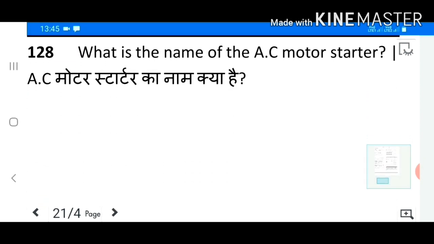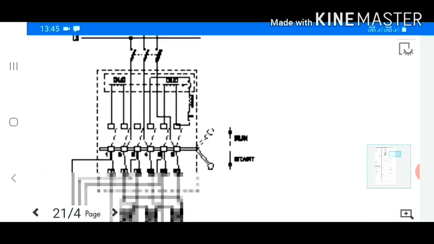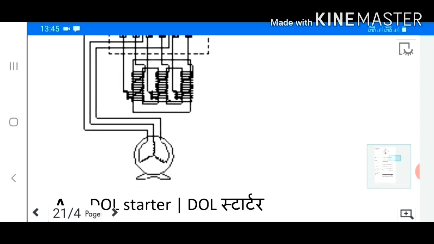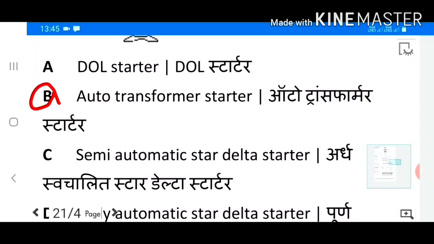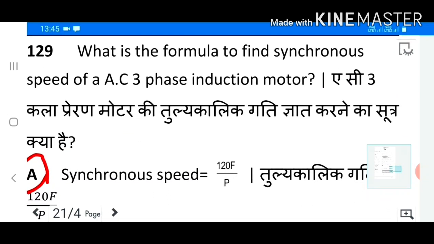128. What is the name of the AC motor starter? Answer B. Auto transformer starter. 129.